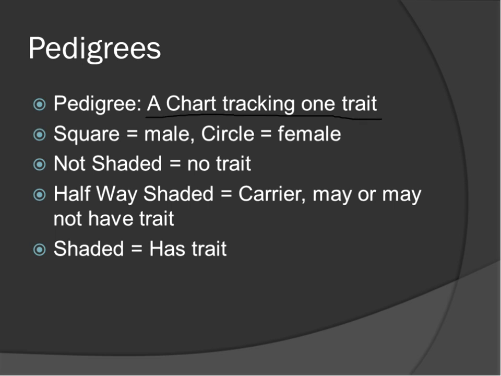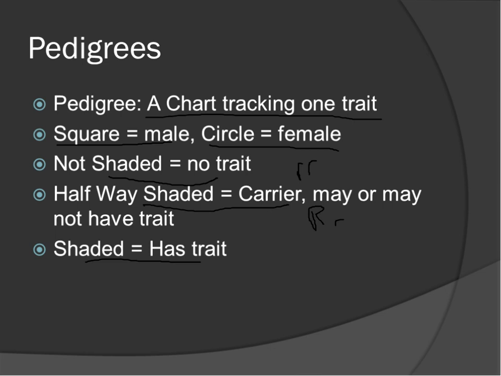All right, one other thing that you might see 1 or 2 questions on are pedigrees. Pedigrees are not difficult either, especially once they give you a multiple choice answer. So a pedigree is just a chart tracking 1 trait at a time. Square is male, circle is female.